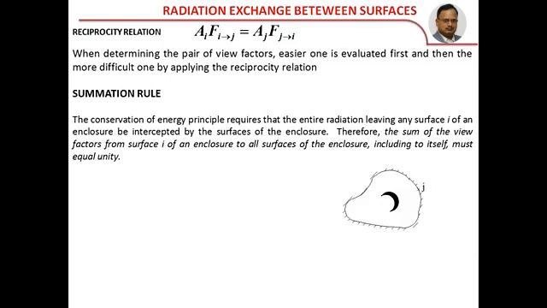So while determining the pair of shape factors, first you find out the easiest shape factor, and then for the second body, you apply the reciprocity theorem and then determine the second one. So if you have two bodies, the equation changes as A1 F12 is equal to A2 F21.